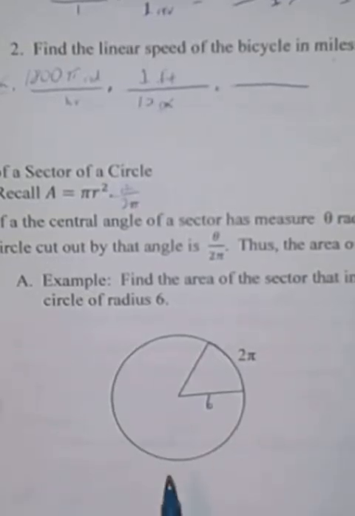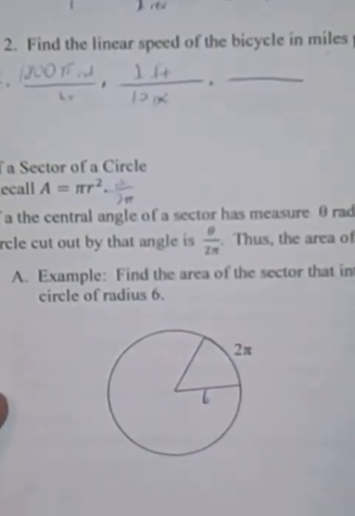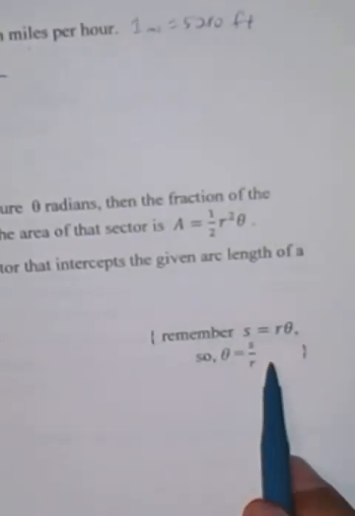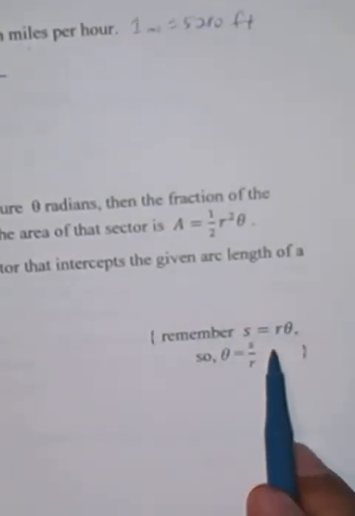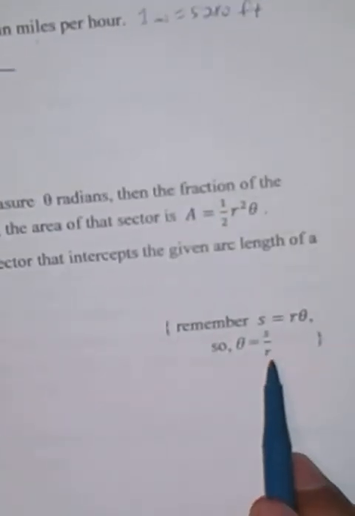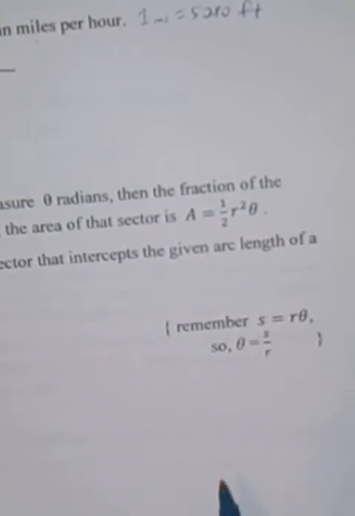So we want to know what fraction of the circle this is. Keep in mind that S equals R theta, so theta equals S over R. That means we're just manipulating that equation, or going back to the original definition of radians.